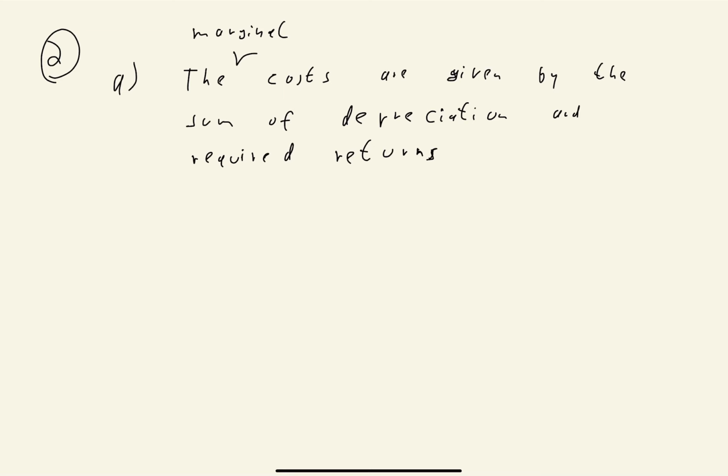Those two things represent the marginal costs for the machine, or for the firm, basically.